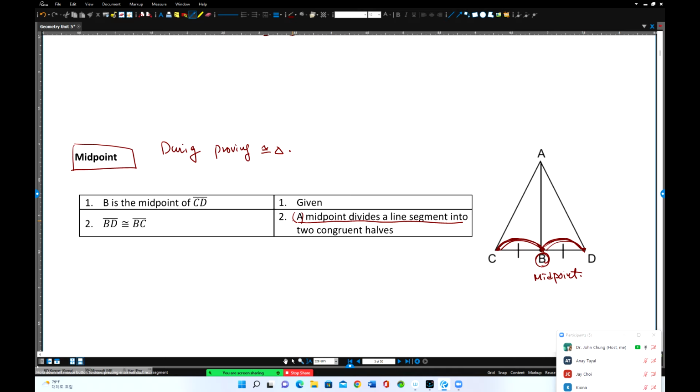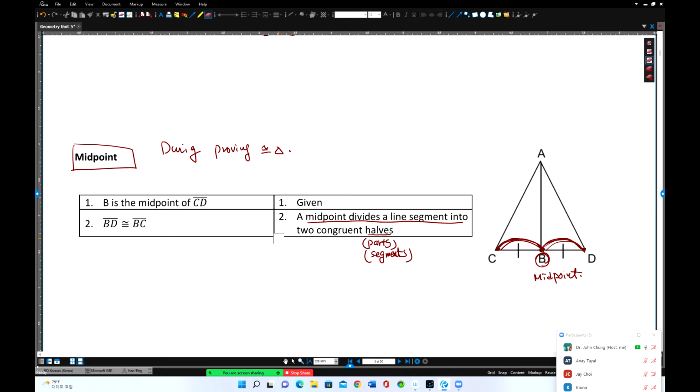The midpoint divides a line segment into 2 congruent halves, or 2 congruent parts, or 2 congruent segments. You can use anything. Just memorize it, or you can use another. It doesn't matter. A midpoint divides a line segment into 2 congruent halves or 2 congruent parts.